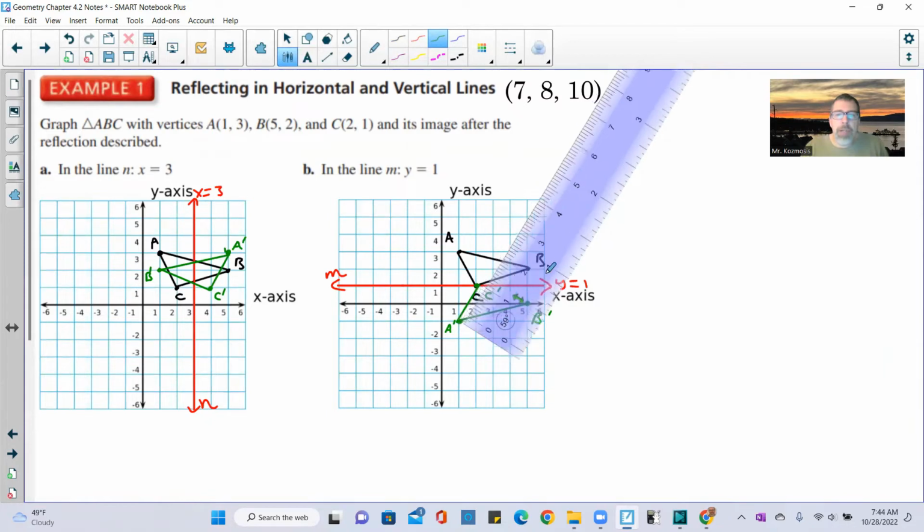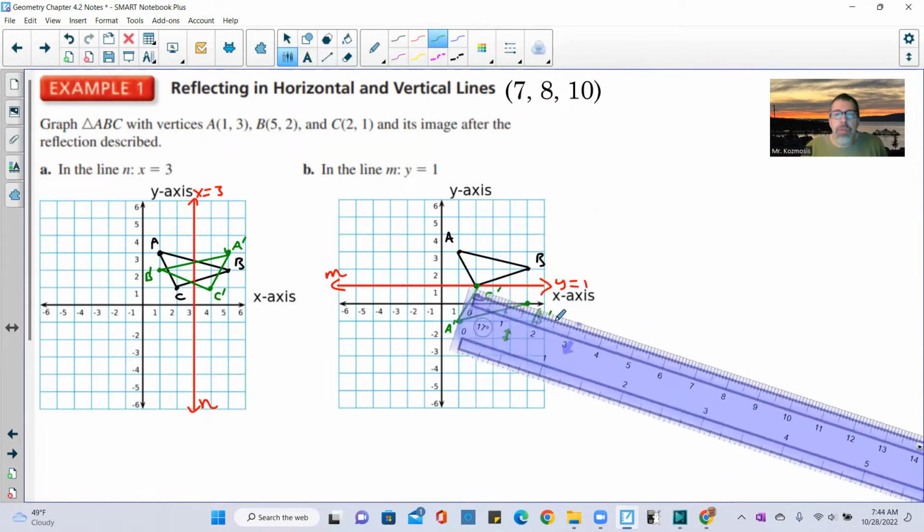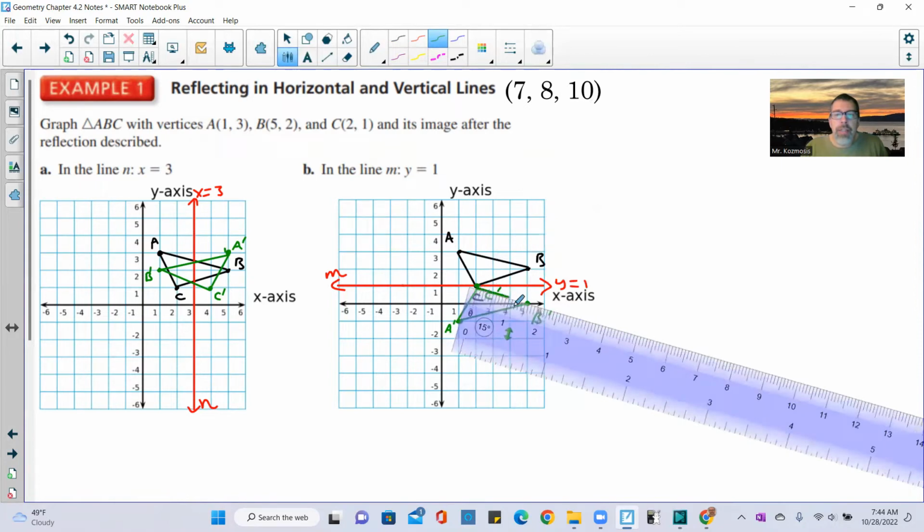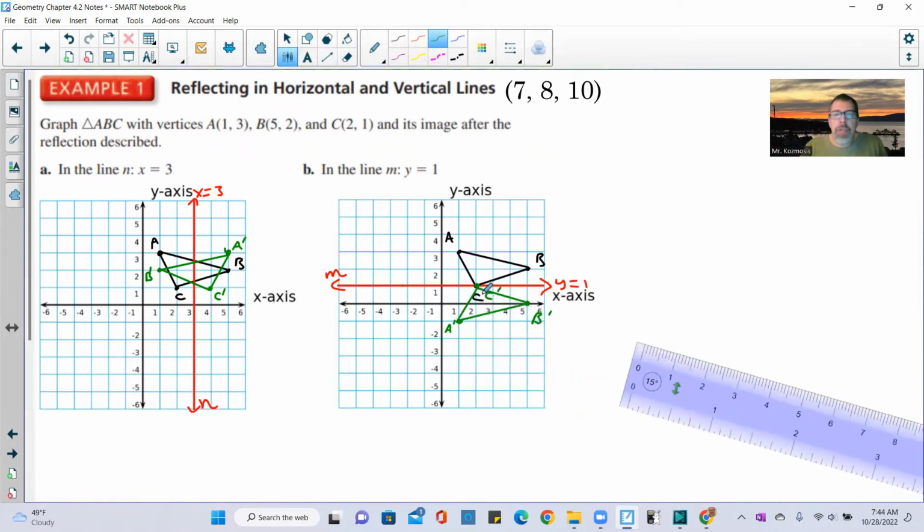A prime C prime, and then finally bring this up to this point here, and that is my B prime C prime. So there is the original pre-image triangle ABC, that's black, reflected over the line y equals 1, and the image is the green A prime B prime C prime. Okay, so that is reflecting across horizontal and vertical lines.